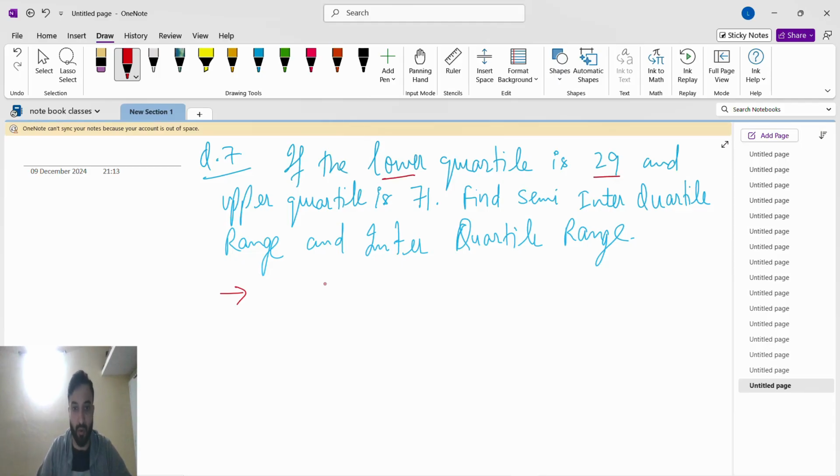See, if the lower quartile is 29, the lower quartile means Q1. Q1 is 29 and the upper quartile means Q3. Q3 is equal to 71. Find the semi-interquartile range. Guys, what is the semi-interquartile range? Semi-interquartile range is nothing but the quartile deviation. You have to find the quartile deviation: (Q3 minus Q1) divided by 2, which is (71 minus 29) divided by 2, so it's 21.